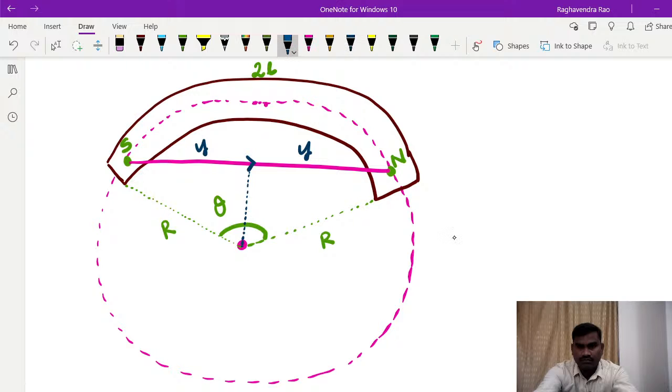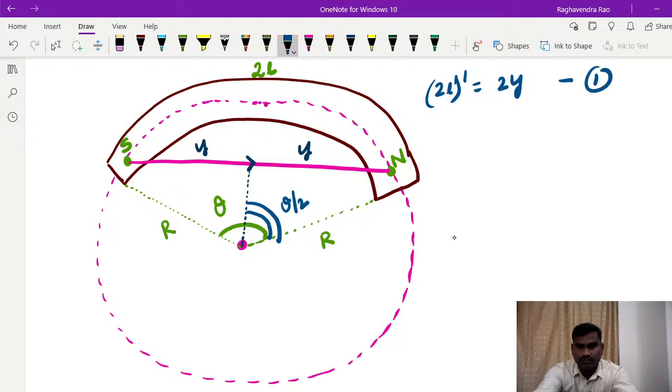Now this angle is half of the total angle, so it will be theta by 2. Our aim is to calculate the effective magnetic length, which is nothing but 2y. So 2L dash is equal to 2 into y. This is called the magnetic length.